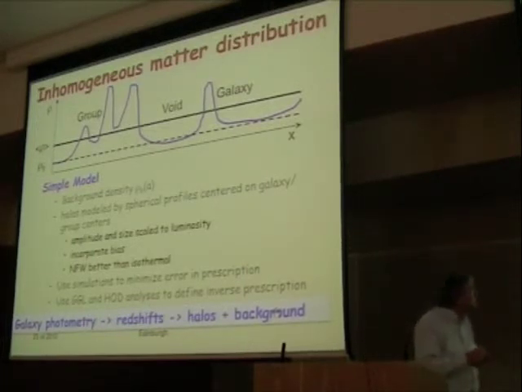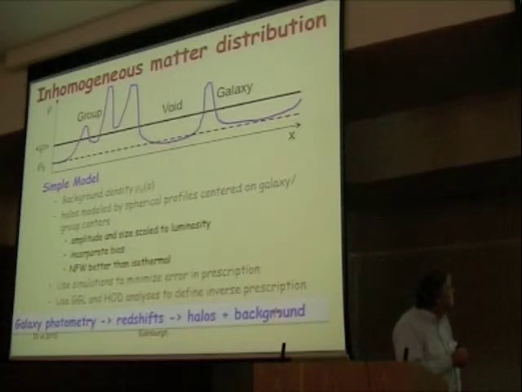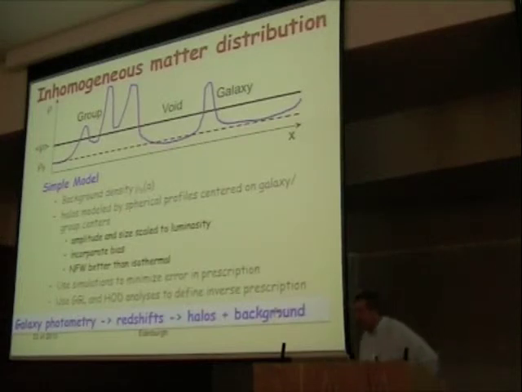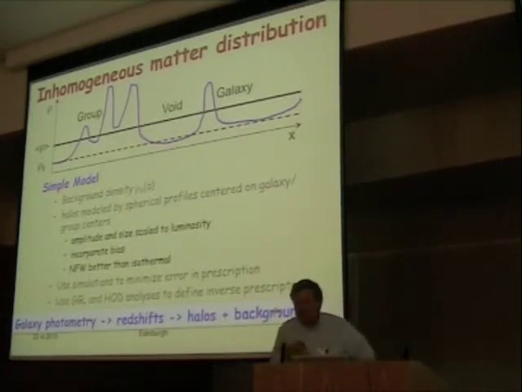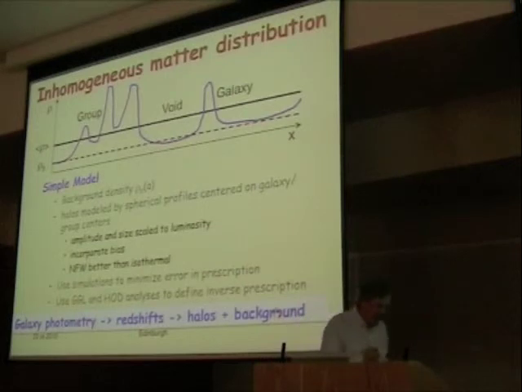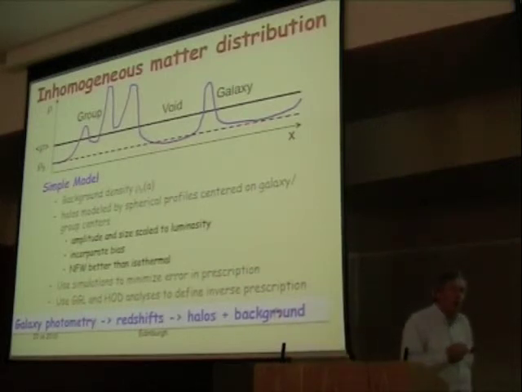Obviously the amplitude and the size will be scaled to the light and so on. And there's an issue about where, if you were going to model this as groups, the group center should be located, and there have been good papers written on that particular problem. And the proposal is really to use numerical simulations in a way that's similar to what NFW did, but not quite the same.